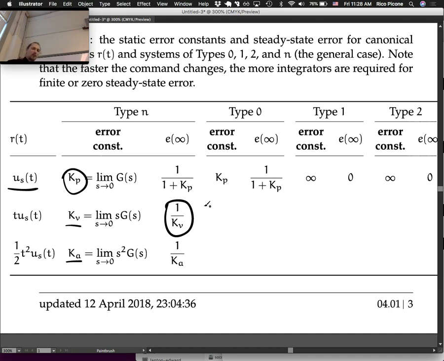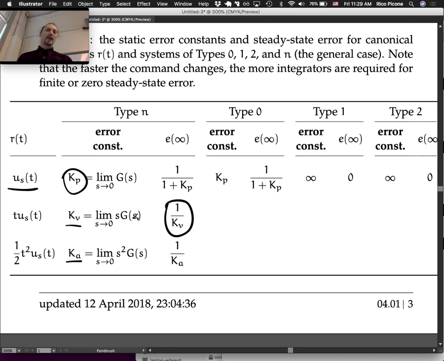All right, so in any case, our error constant is of course kV. We take the limit as s goes to 0 of s times G(s) for a type 0 system. I wanted to motivate this s, but if you look up a Laplace transform table, it'll become clear why that s is there. All right, type 0, error constant kV.